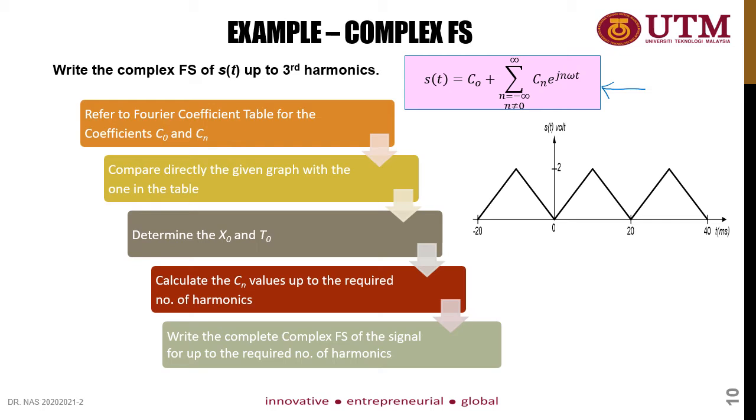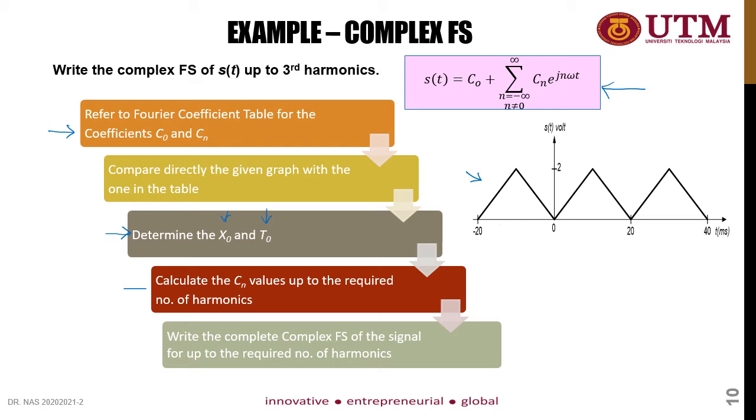So the first step, when you are given a signal, is to refer to the table for the coefficient values C0 and Cn, and compare the given graph with the graph in the table, and determine all parameters included, for example the x0 and the t0.